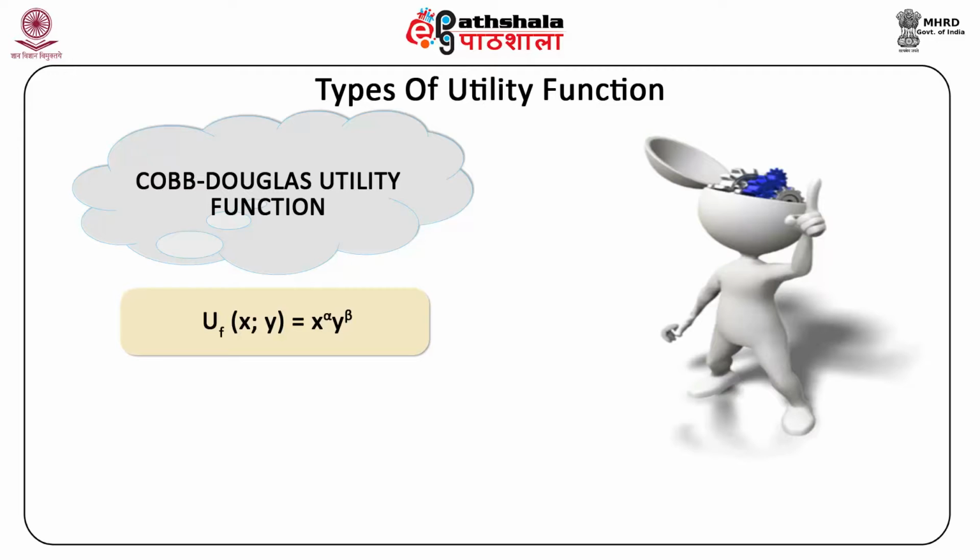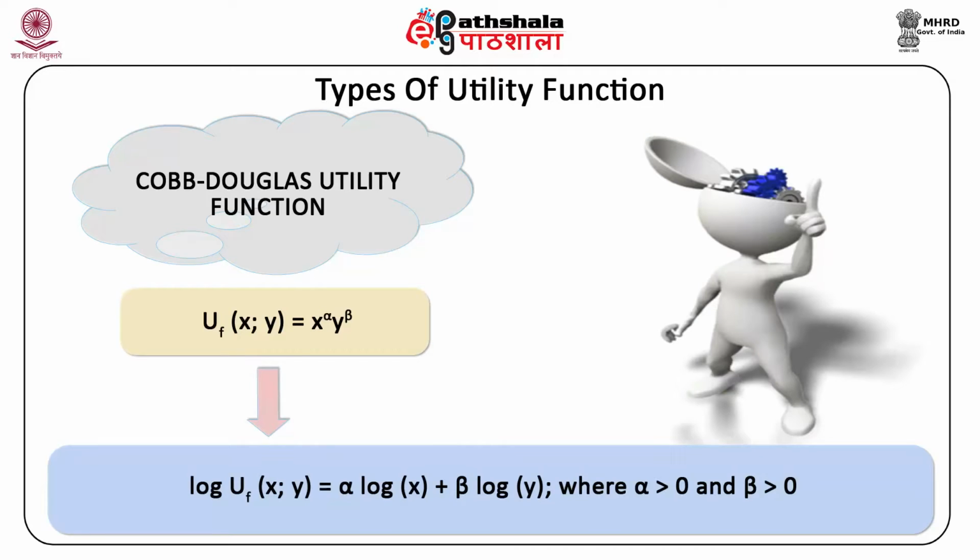Alternatively, using monotonic logarithmic transformation, Cobb-Douglas utility function could also be represented as follows, which is log UF of X, Y equal to alpha log x plus beta log y, where alpha is greater than 0 and beta is greater than 0.